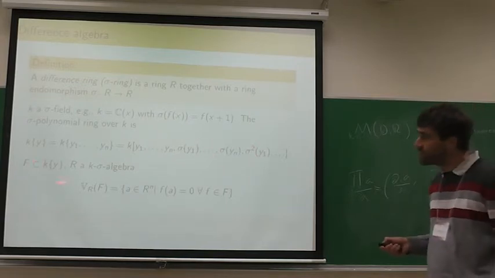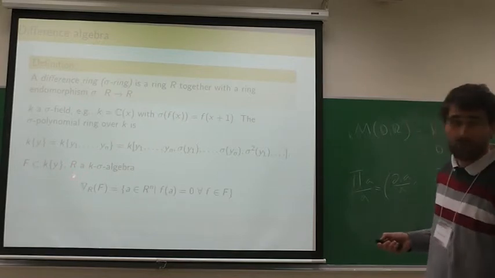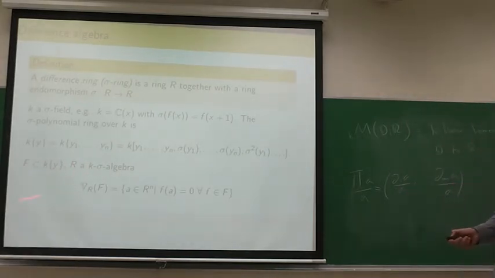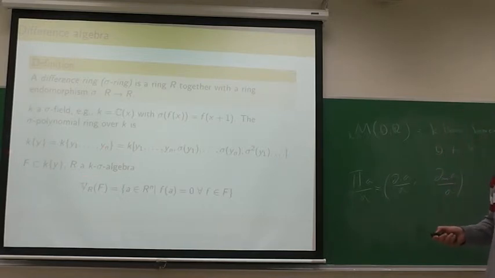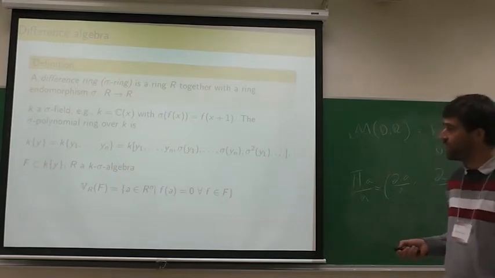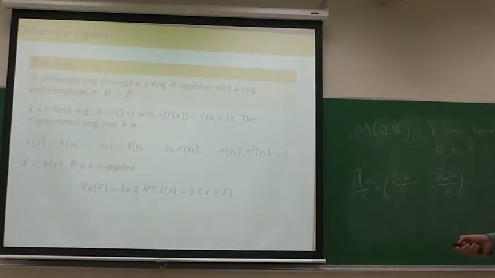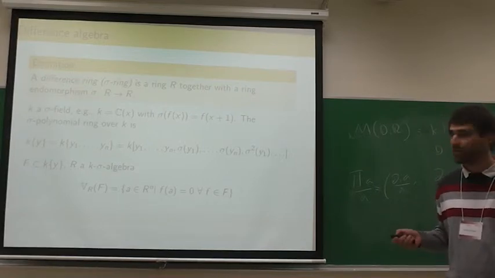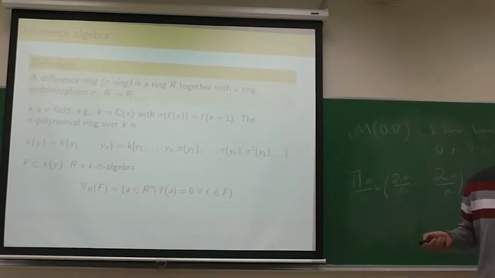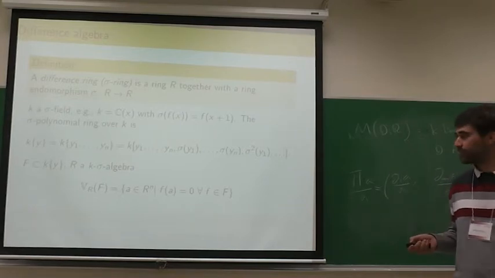If you have any set of difference polynomials, possibly infinite, you can also call this a system of algebraic difference equations, and then you can look for the solutions of such a system in any K-sigma algebra. A K-sigma algebra is just a K-algebra together with an action of sigma, such that the sigma on R extends the action of sigma on K.